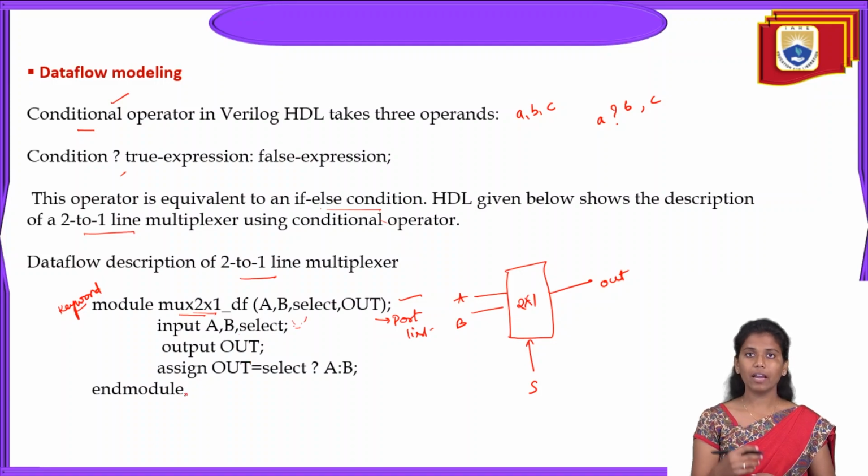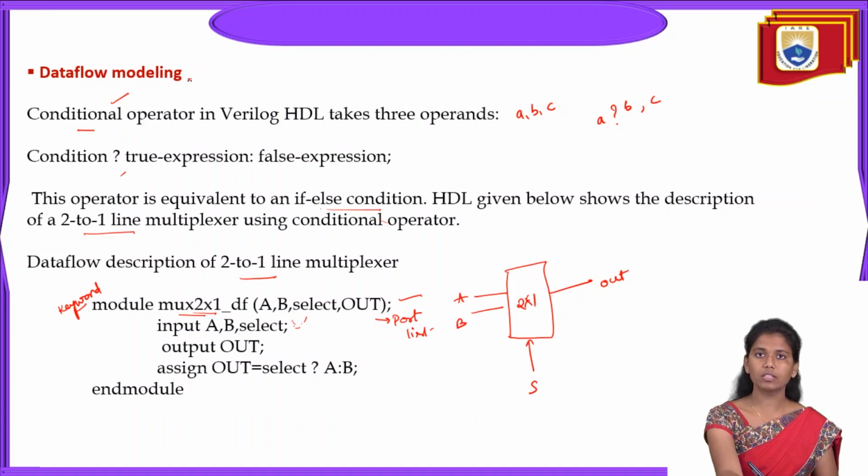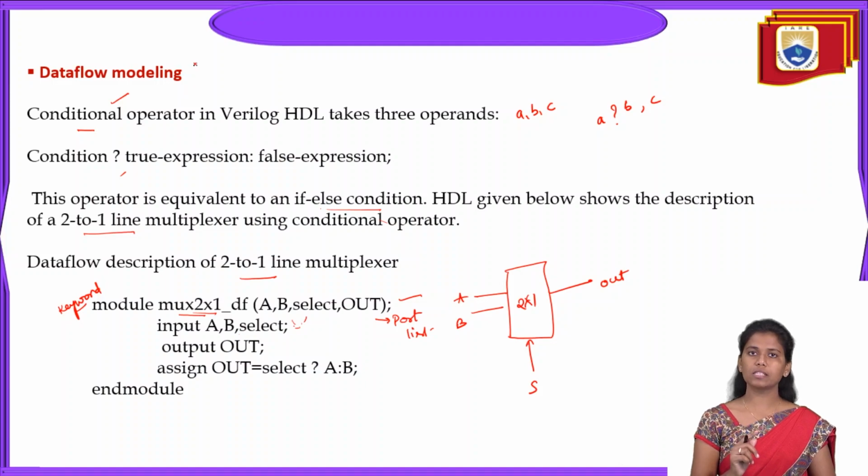Then, as I'm writing my code in data flow modeling, I have to use the assign keyword. So I write assign out; the output depends upon the selection line with respect to the inputs. So output is equal to select question mark A colon B.